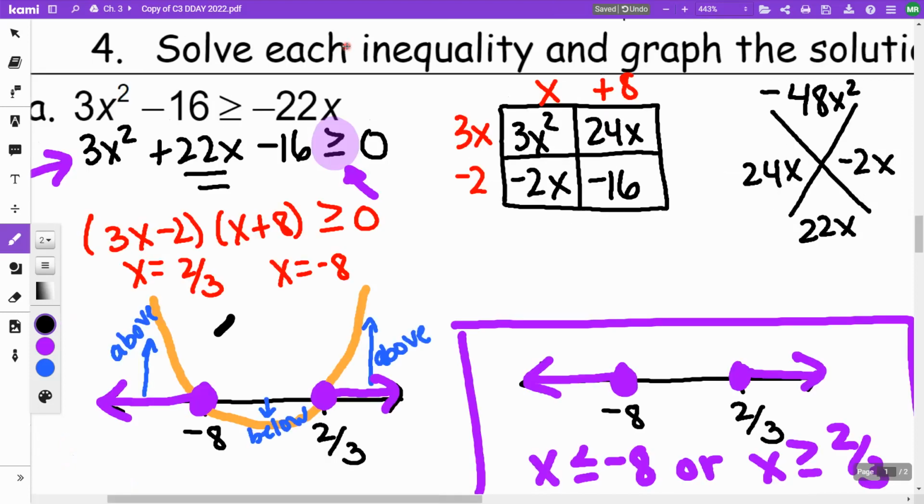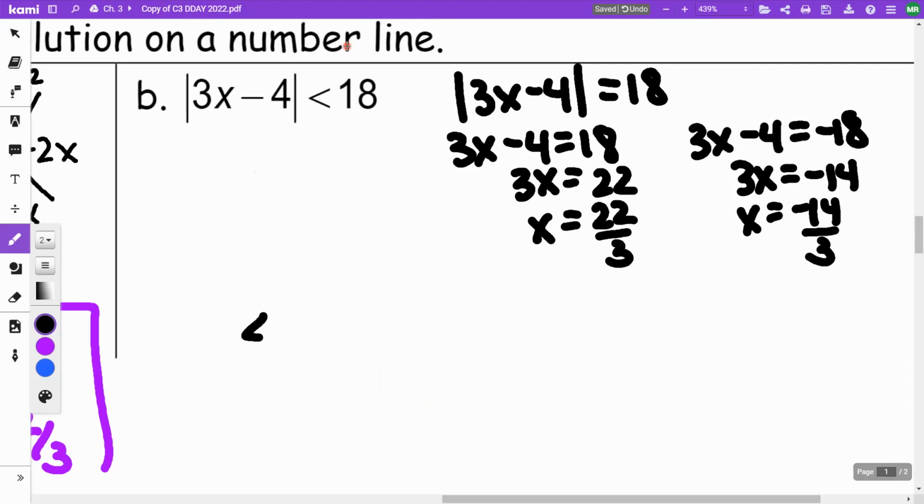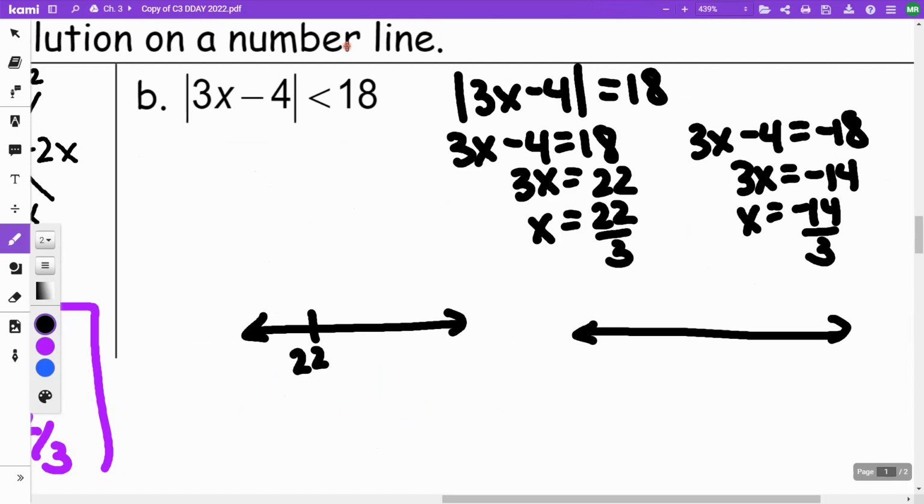So on my number line, and again, I'm going to draw two number lines here, one as my working one and one as my final one. So this is negative 14 thirds, so it makes it a little smaller.